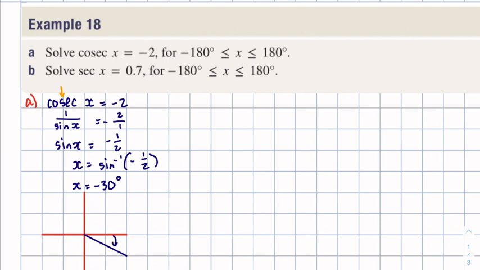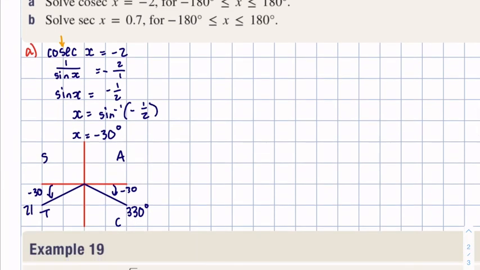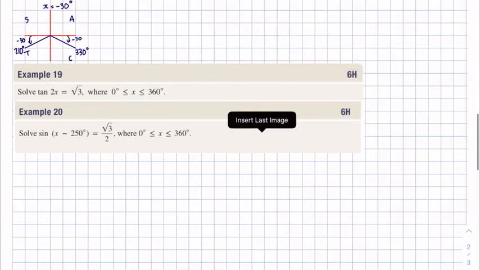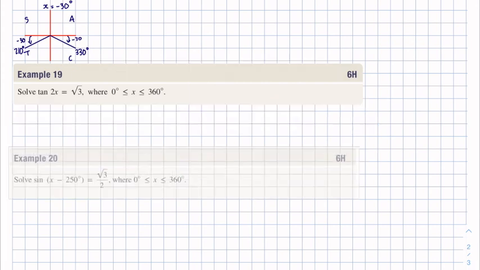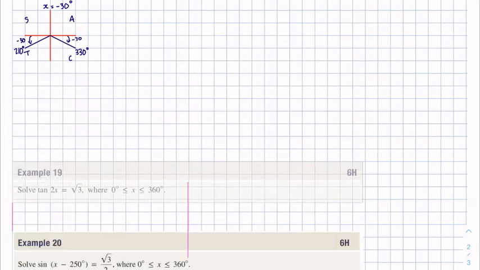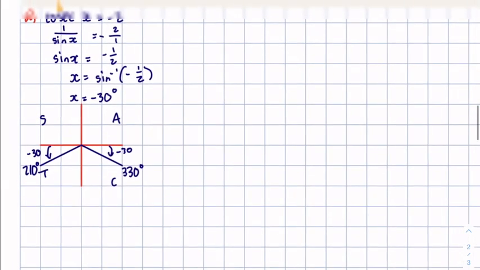It's down here, that's negative 30, so we know we're at 330 degrees. SATC, we know we're also down 30 this way, which makes it 210 degrees. Sorry, I really need to get these further down. Did not think this would take up this much room.